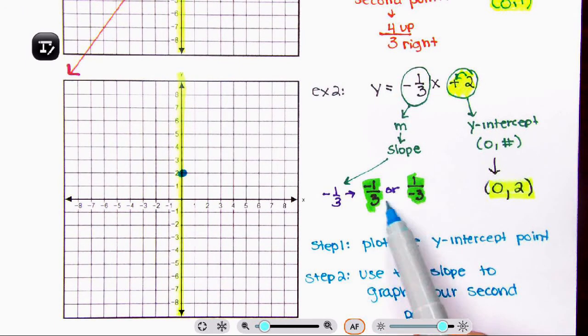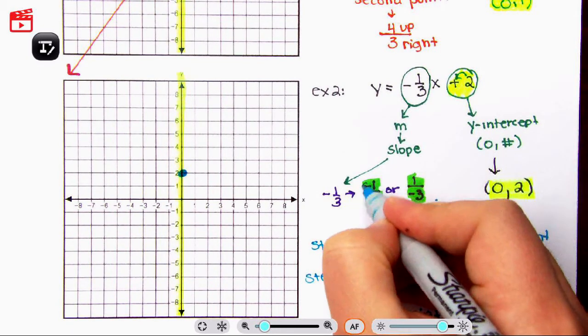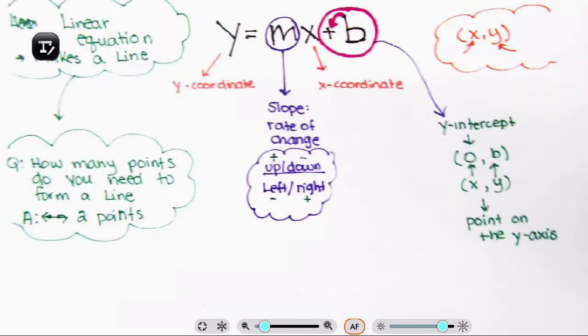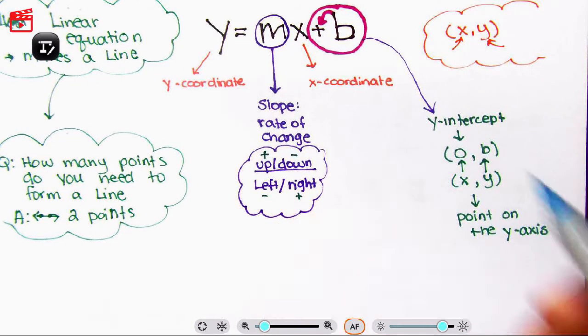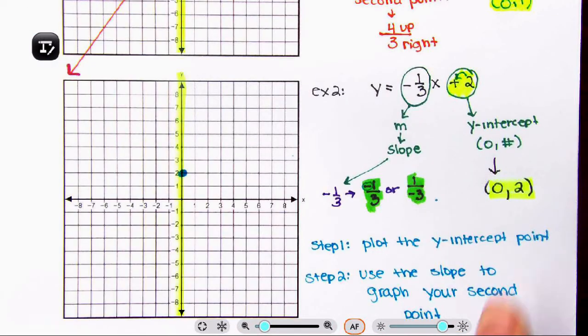So it doesn't matter which one you do, this one or this one. This one is that negative is just kind of in between. So we have to put a home for that, or you have to make a home for that negative. So I chose the negative to be on top. So if we go back to our very first example, our notes, since my top number is negative, that means I go down 1 over 3.